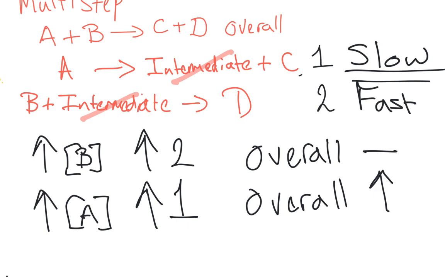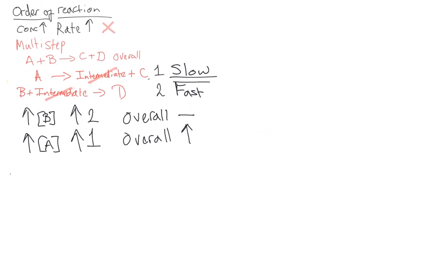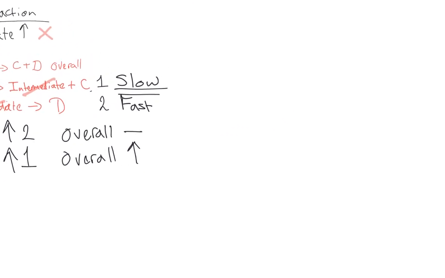So how does this link to order of reaction then? Something you might have been talking about with Miss Clark a little bit. Order of reaction gives a bit of structure to working out how the concentration of different reactants affects the overall rate of a reaction, and gives a mathematical way to represent that.